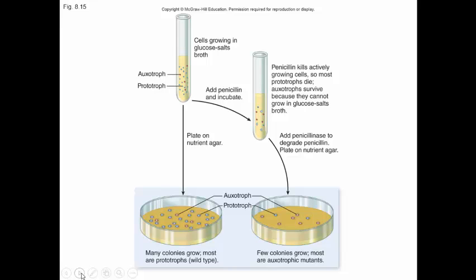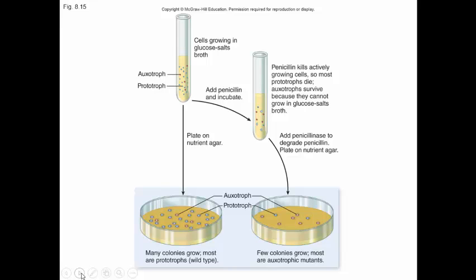But what you're doing here is killing off all of the prototrophs by the exposure to penicillin. Then you add penicillinase to the nutrient agar that you're going to pour out onto that plate. The penicillinase will break down the penicillin. You've already killed off the prototrophs. All you should have left is auxotrophs. Auxotrophs will grow on the new type of medium that's going to be rich in culture products for the growth of auxotrophs. I hope that becomes clear now.